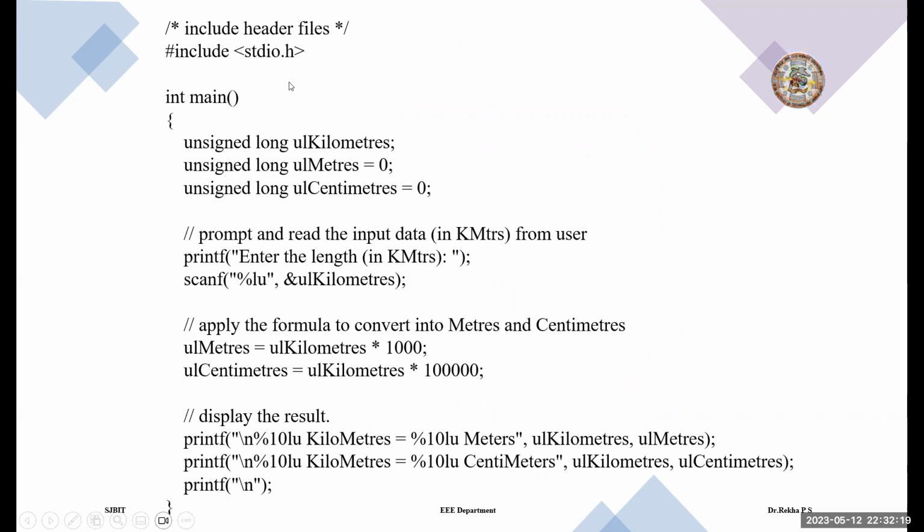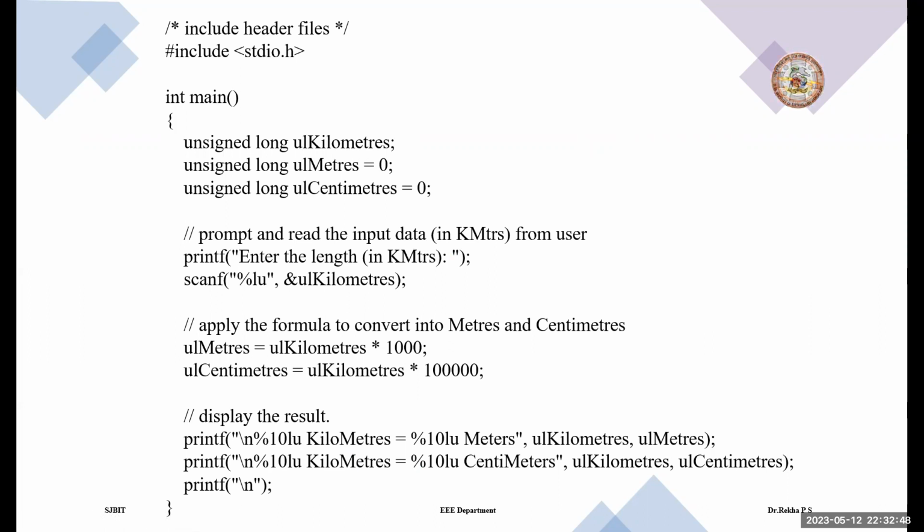So we need only one header file here, because you are using printf and scanf. That's why stdio.h. You're starting from the main function. That's why the name is given as main, because the main function will be called by the OS first initially.